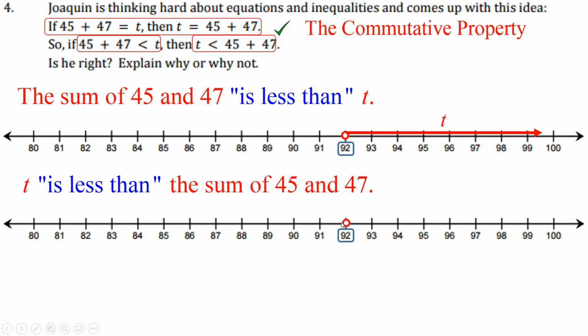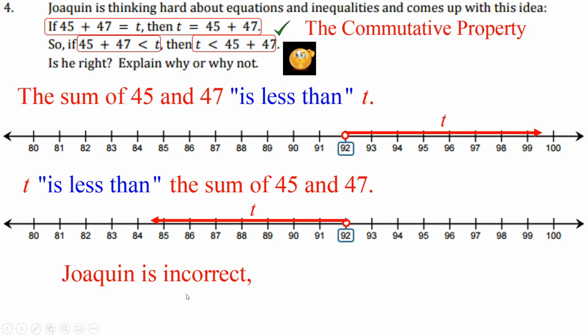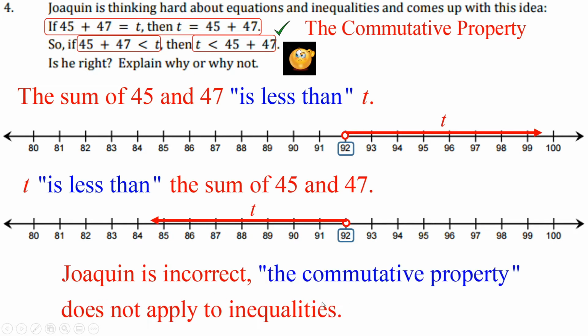So if t is less than this number 92, wouldn't our ray be going to the left? There's all my t's there. Those are not the same graph. So this commutative property does not work for inequalities. Okay, I'm sorry Joaquin, but incorrect, but you're learning. The commutative property does not apply to inequalities.